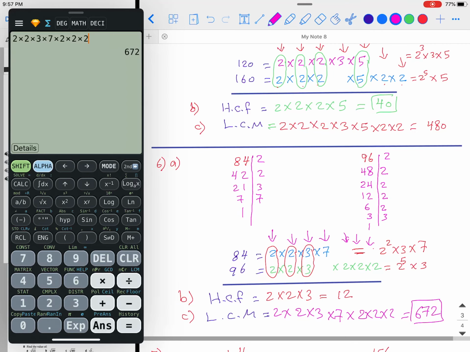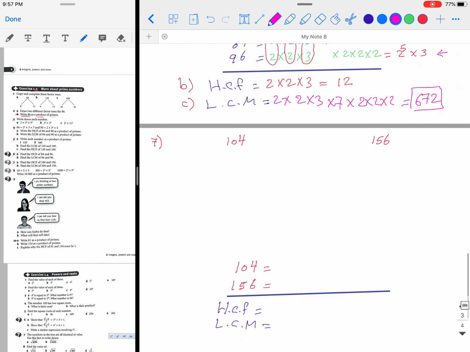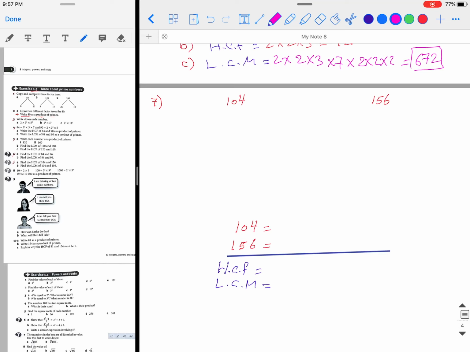Okay, I hope it's easy. You can use, by the way, this also to calculate HCF and LCM, but I didn't explain it yet, so inshallah I will explain it to you tomorrow.